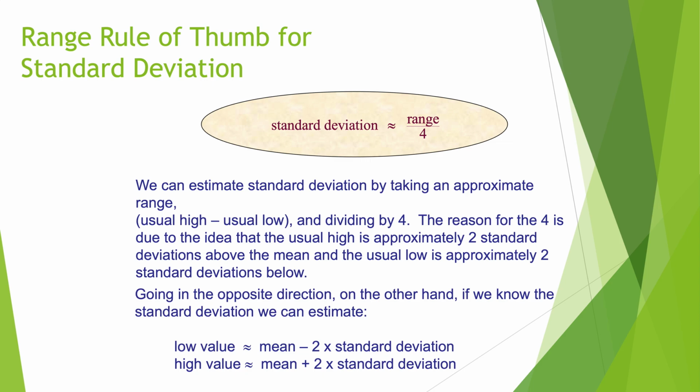Let's say you normally catch 10 fish, and the range is 4. So typically the standard deviation in this case would be 1, because 4 divided by 4 is 1. And the lowest value would be 10 minus 2 times 1, so that's 8. And the high value would be the mean plus 2 times 1, which is 12.